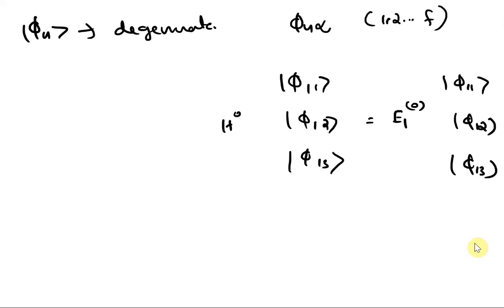Your wave function corresponding to that state should have all the information about all possible states. And you know how to do this. We have done it in the case of identical particles, several times. So it will be a linear combination of all these states. That is how we represent this phi n alpha state.